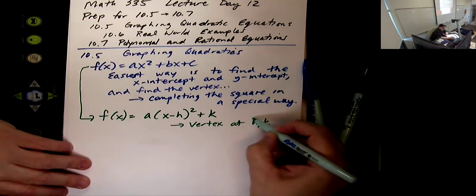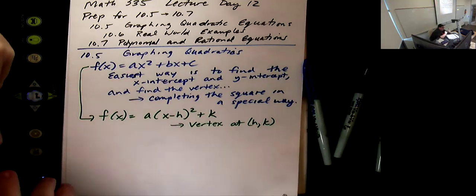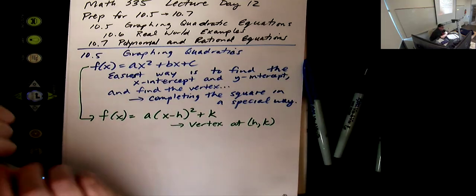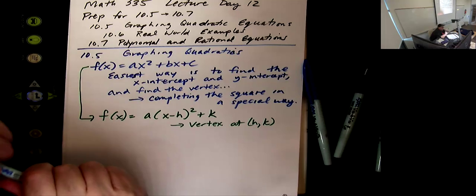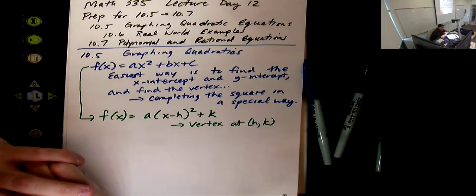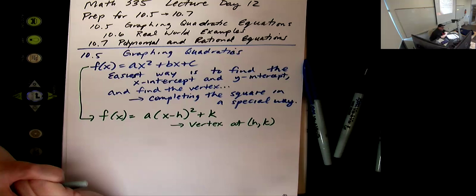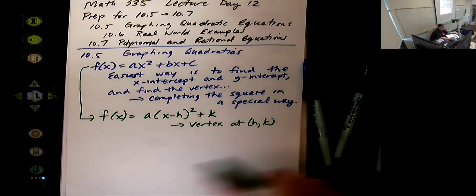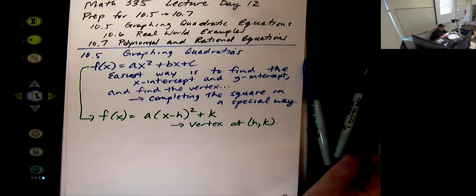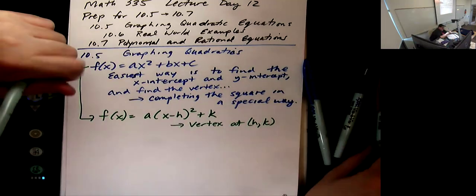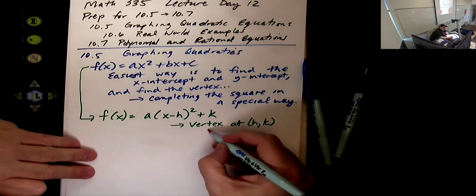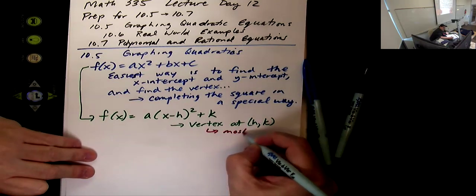And we're going to do this hk thing a lot for circles, for ellipses, for hyperbolas throughout the semester. The hk thing is pretty handy. It means different things for different problems, but it's kind of like the center. For most graphs, it's the center.